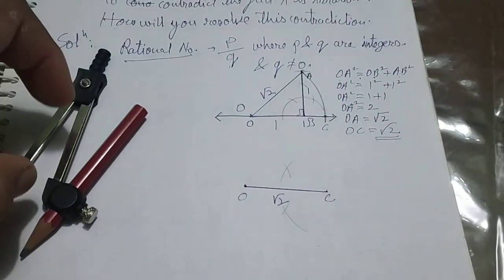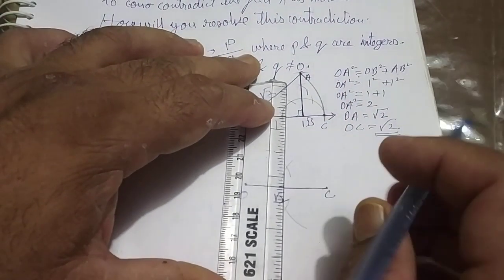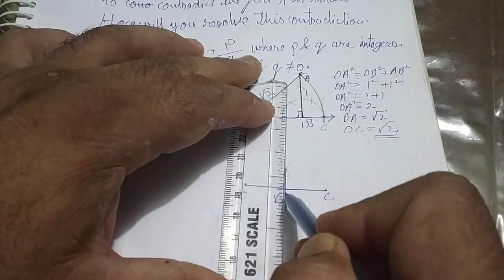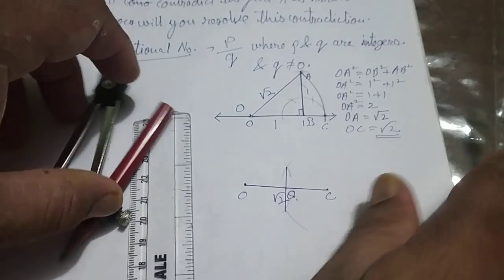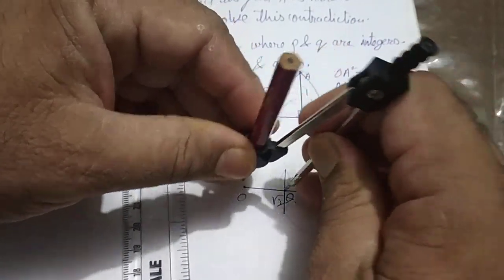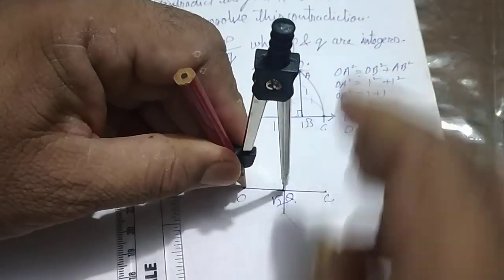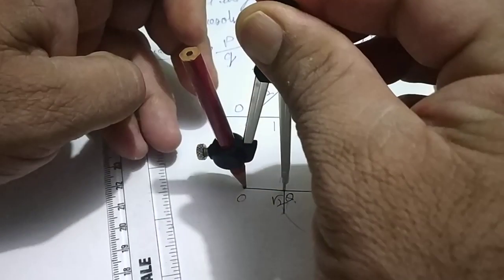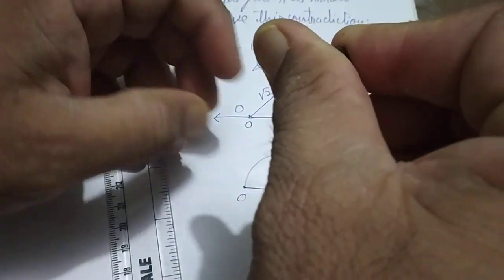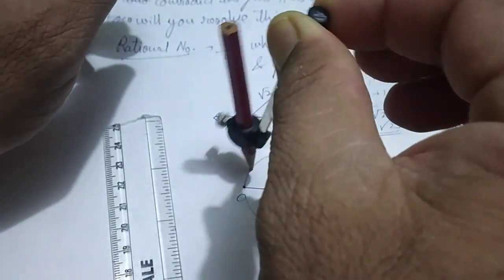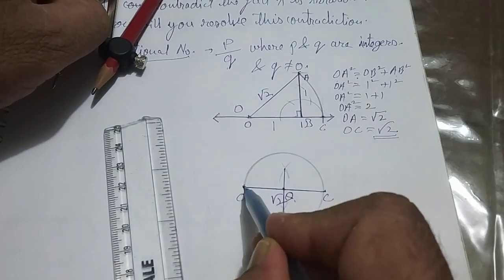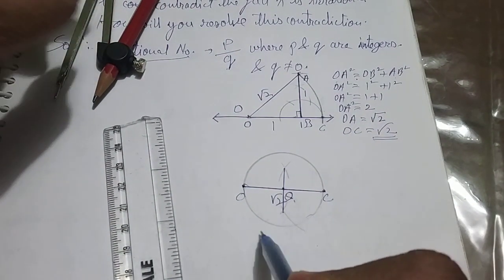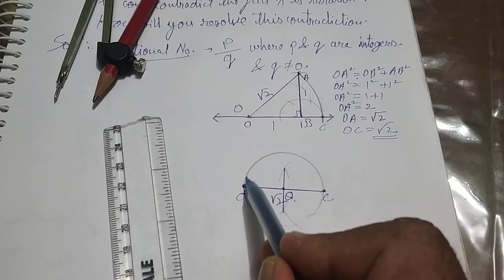So this is the midpoint of OC, let it be Q, and now put the compass on Q, measure it till O. Let this be the radius, and now let's draw the circle. So this circle which is passing through O and C here, this is its circumference.